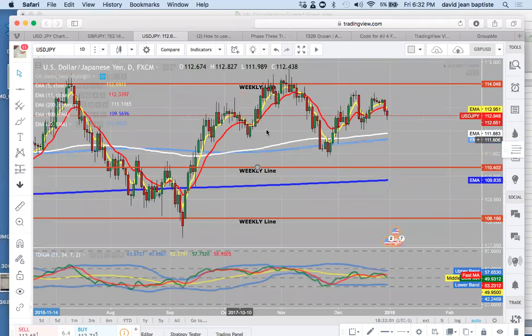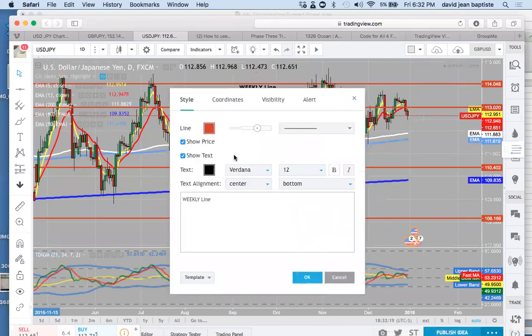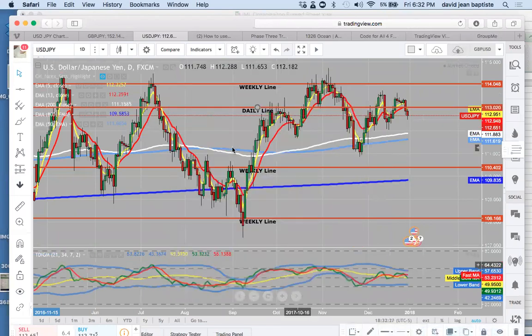Once you go on the daily, just like the weekly, you're going to find the candlesticks that have the most wicks, and you will place your line. I'm just going to change this to daily. Okay, I'm just going to copy and paste.